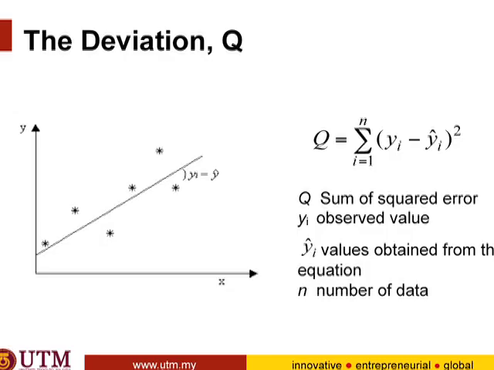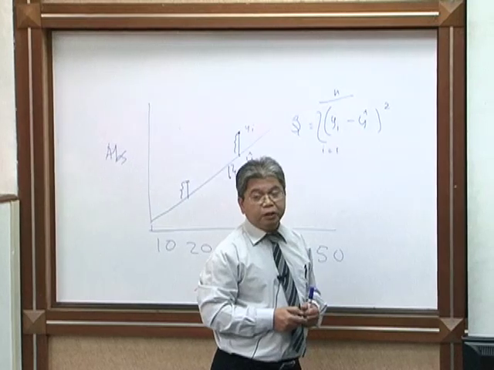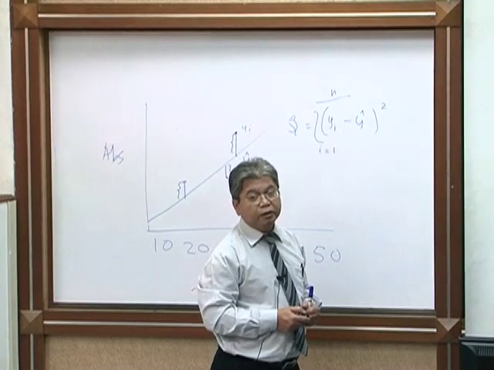This one here, yi minus y hat. We sum up the error term Q, and the objective is to find a line. Basically, the line is defined by two parameters, B0 and B1, right?